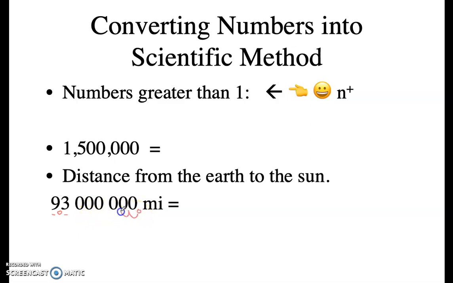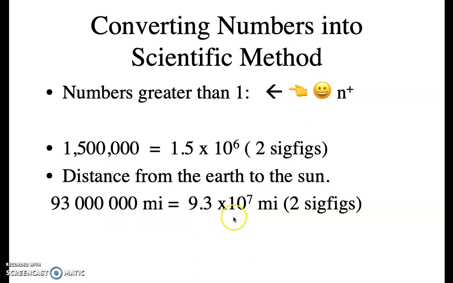So we move 1, 2, 3, 4, 5, 6, 7. So it equals 9.3 times 10 to the 7th miles. That's really, really far. Okay, this is for numbers greater than 1, big numbers.